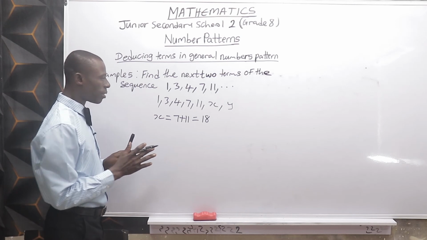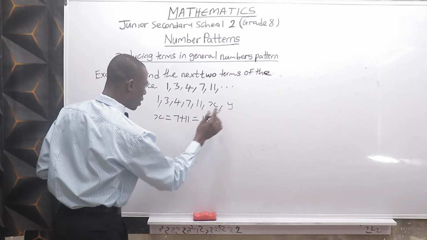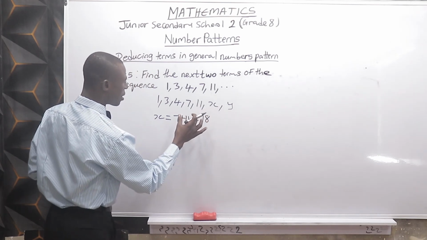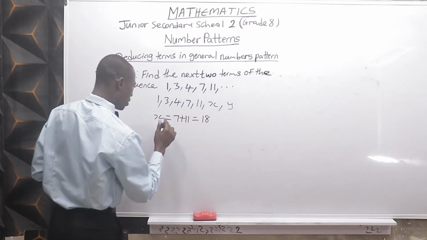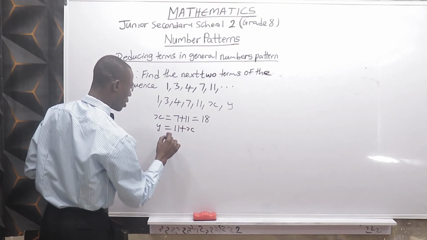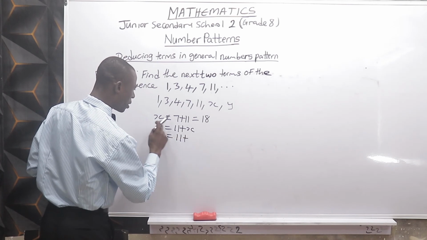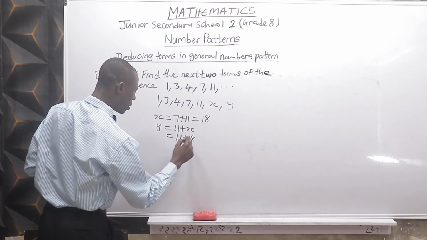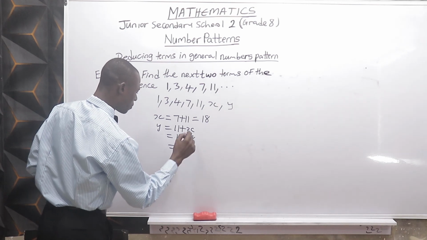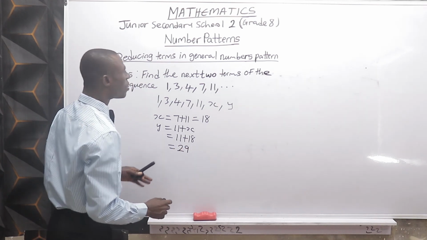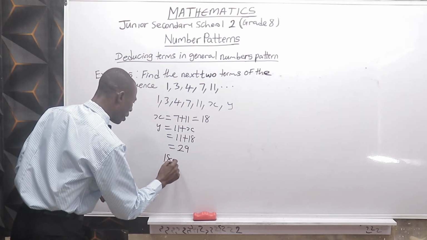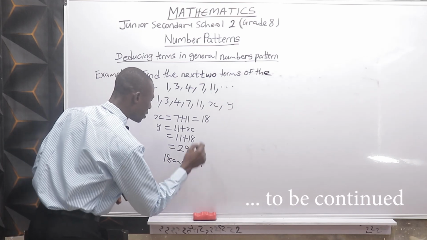What of y? y should be equal to the sum of the 2 preceding terms, 11 and x. y will be equal to 11 plus x. That is 11 plus 18. So that is 29. Therefore, the next 2 terms in this sequence are 18 and 29. And that is it.